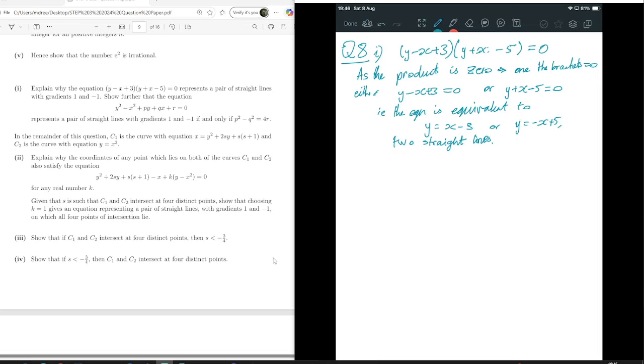So now the second part of part I: show further that that equation represents a pair of straight lines with those gradients if and only if that condition holds on P, Q and R. Okay, well we're basically taking the example we've already got and taking it one step further. So two straight lines.